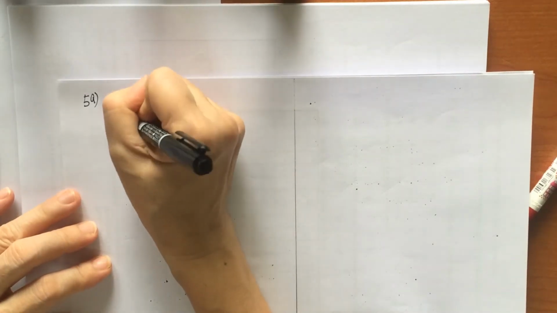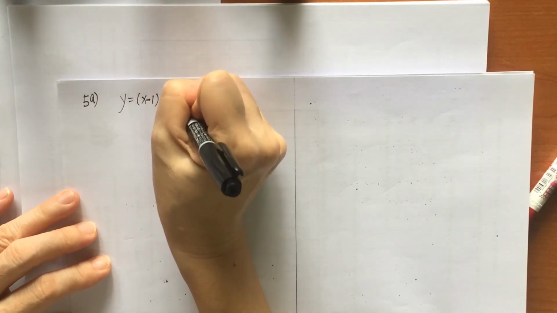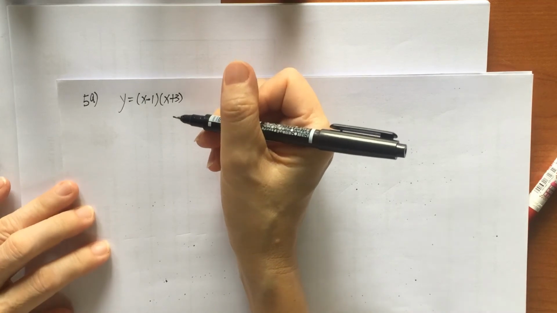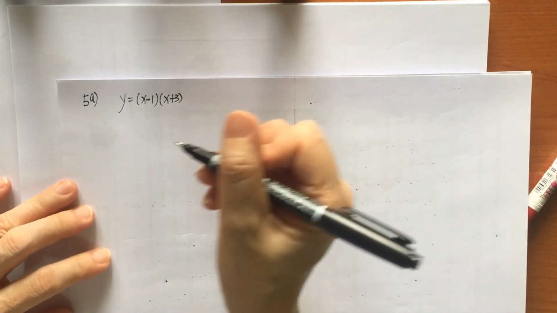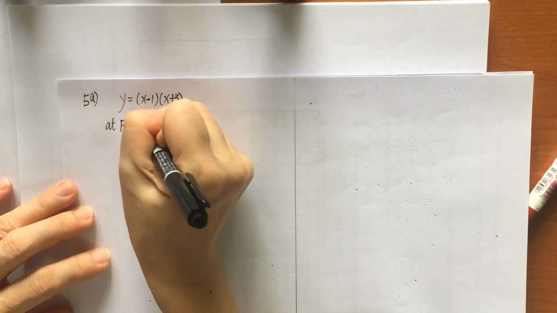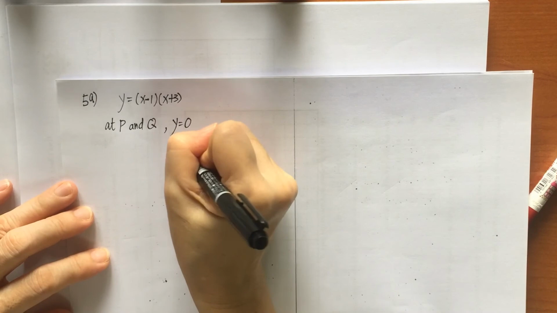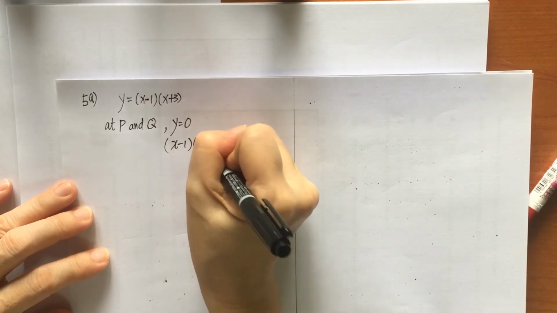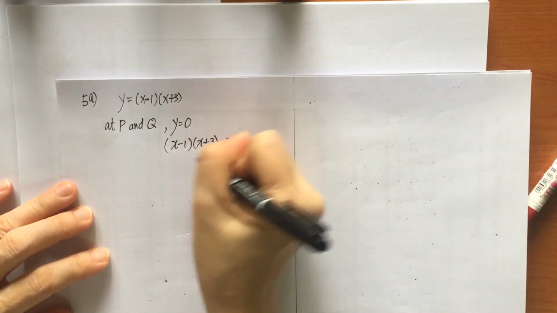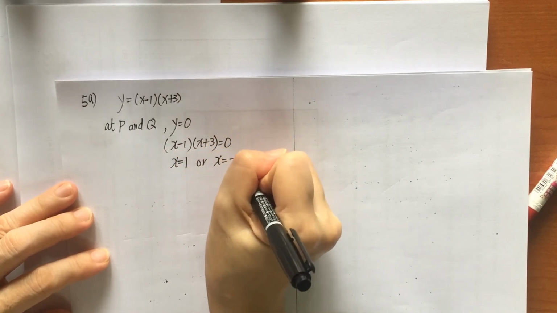Question 5a, y is equal to x minus 1 times x plus 3. So we can find out what the coordinates of P and Q are. At P and Q, y is 0. So when we put x minus 1 times x plus 3 equals 0, x is either 1 or x equals negative 3.